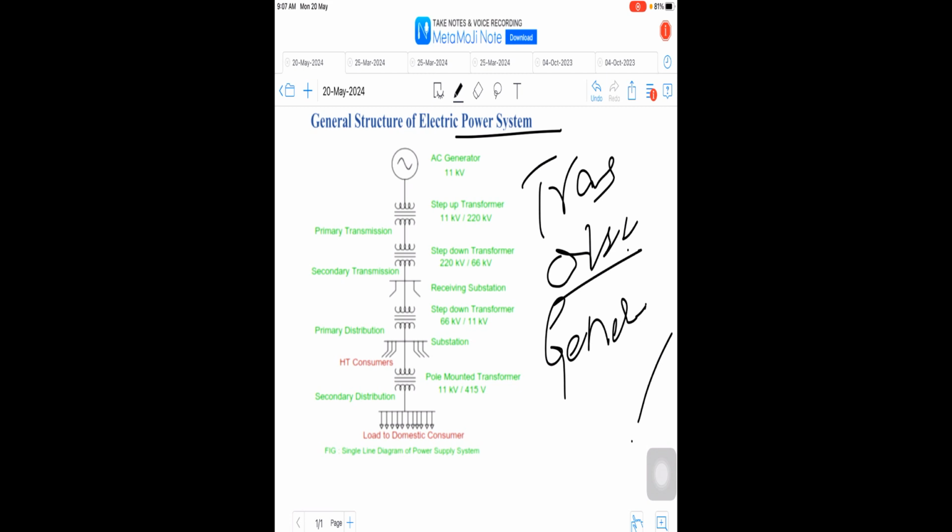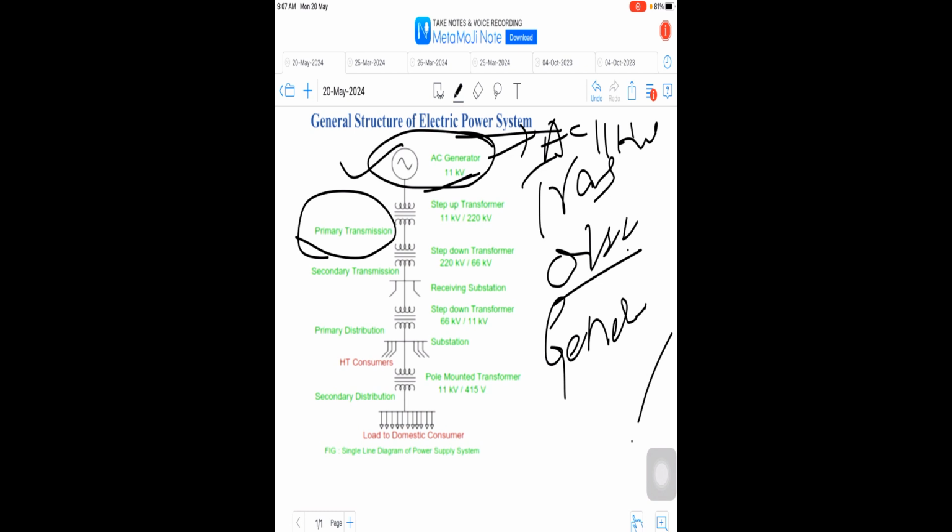Now, once you observe here the general structure of an electrical power system, we have AC generator which is of 11 kilovolts. So, we are generating with the help of AC generator, which the capacity of this is 11 kilovolts. Now, there is primary transmission wherein we increase the voltage from 11 to 220 kilovolts.